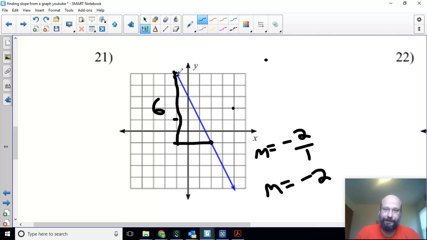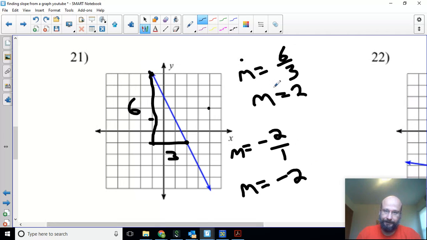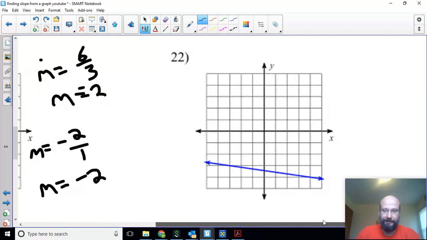Again, you're starting here. This is my 0. So 1, 2, 3, 4, 5, 6. I'm going to start here. This is my 0. 1, 2, 3. So these 2 points give me a slope of 6/3, which again, 6 divided by 3 is 2, the same thing. And it's negative. See, it's important to remember to put that negative or not.